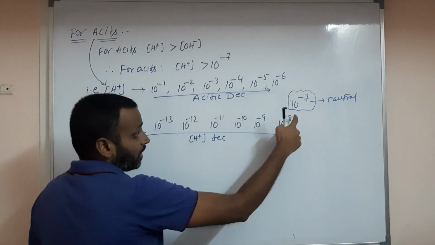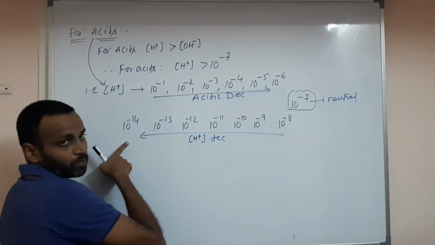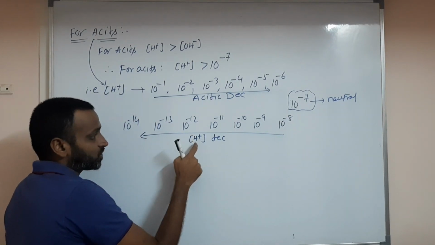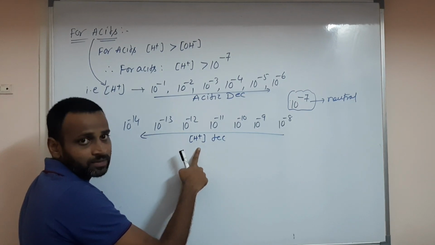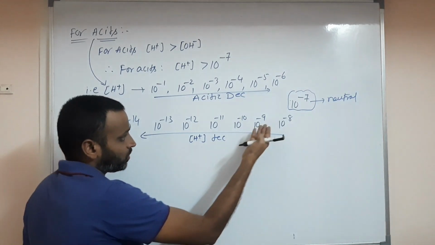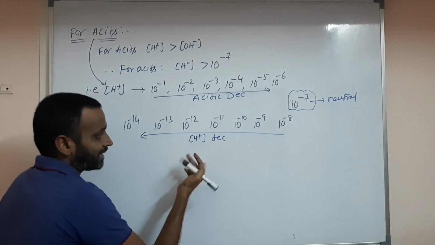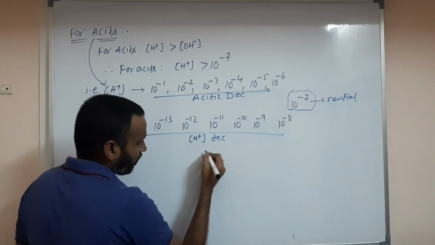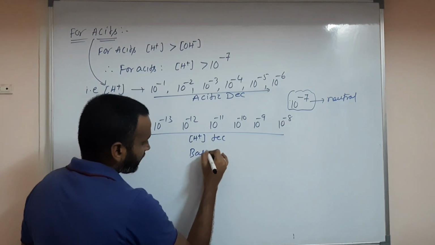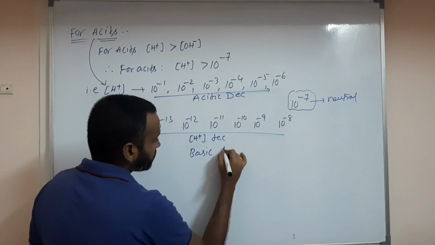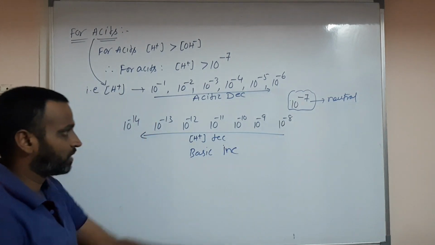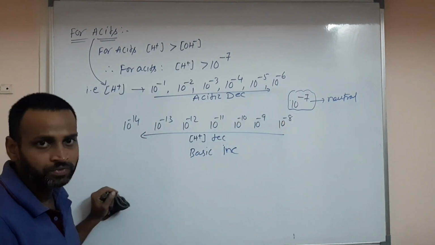But from 10 power minus 8 to 10 power minus 14, these H plus concentrations we consider as bases. So H plus concentrations are less here, and the basic nature increased from 10 power minus 8 to 10 power minus 14.